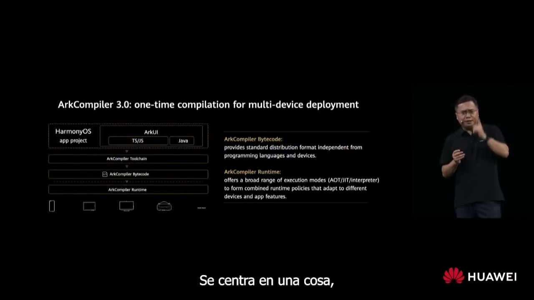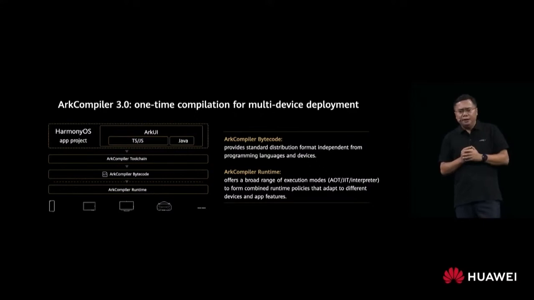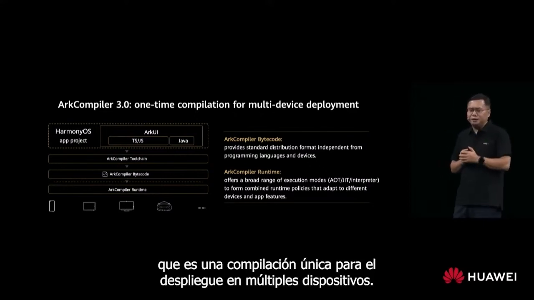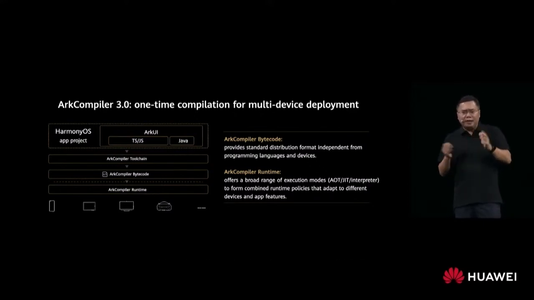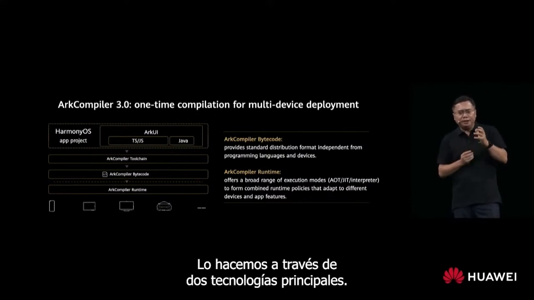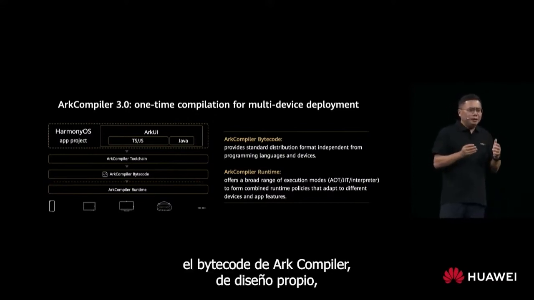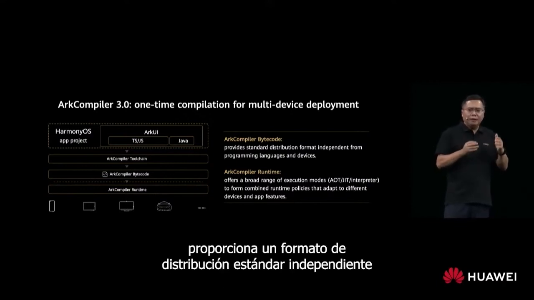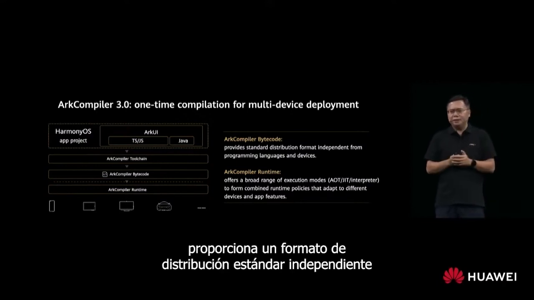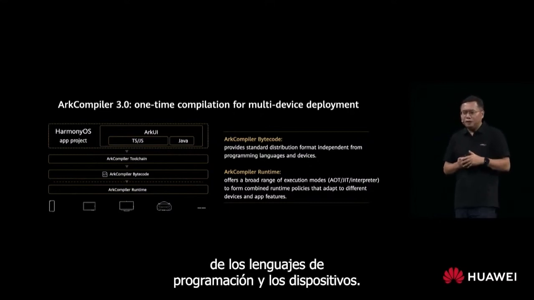The Arc Compiler 3.0 focuses on one thing, which is one-time compilation for multi-device deployment. We do that through two core technologies. First, the self-designed Arc Compiler bytecode provides a standard distribution format independent from programming languages and devices.